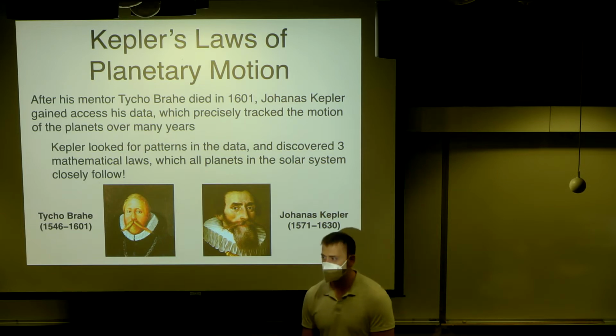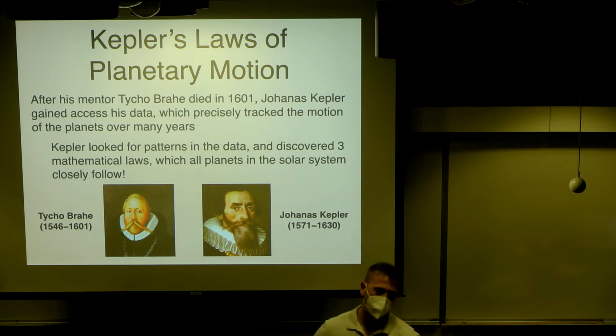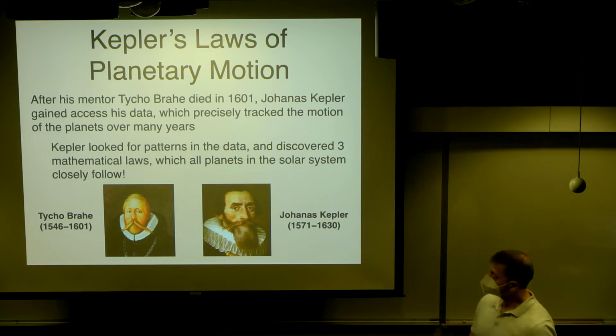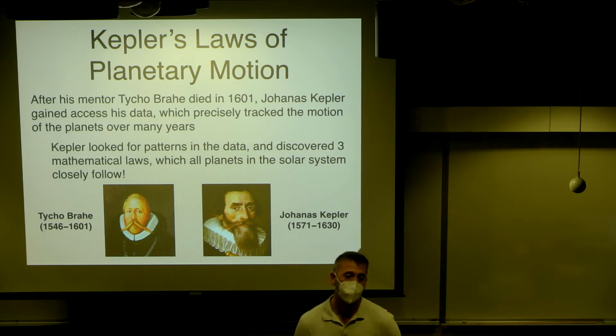And Kepler was able to go through all that data and find some patterns, okay? He was really interested in trying to take this giant data set and figure out, how can I distill it into some simple patterns that keep repeating over and over again. And so in doing that, Kepler found these three mathematical laws, which every planet in the solar system appears to obey.